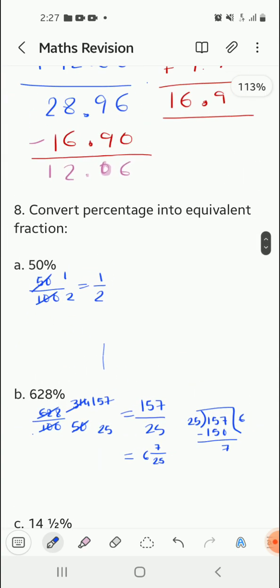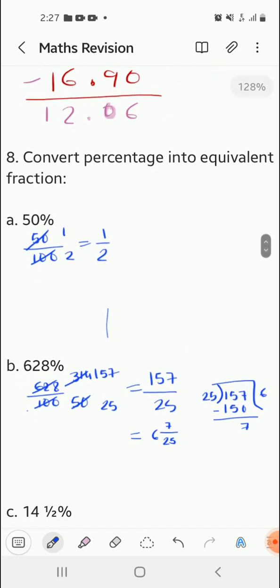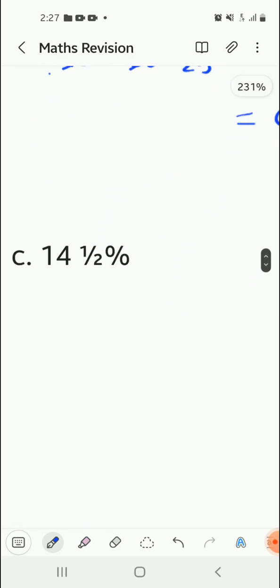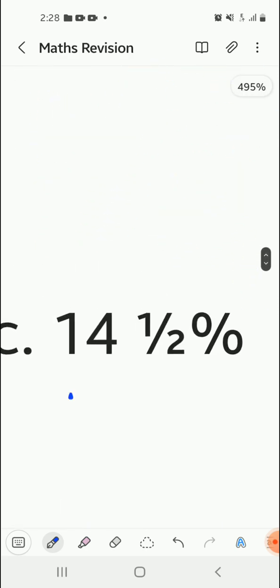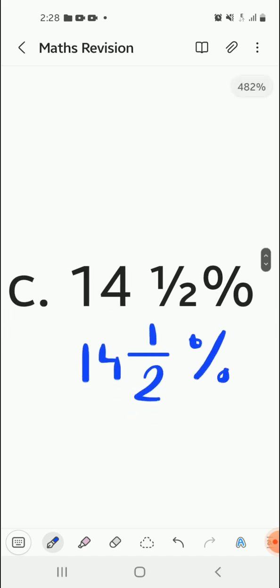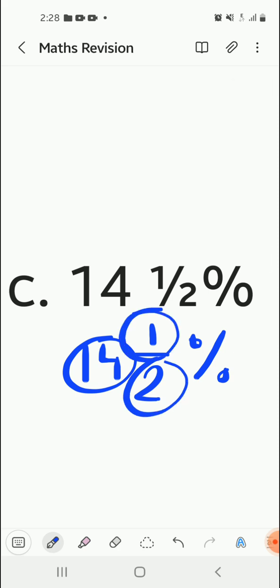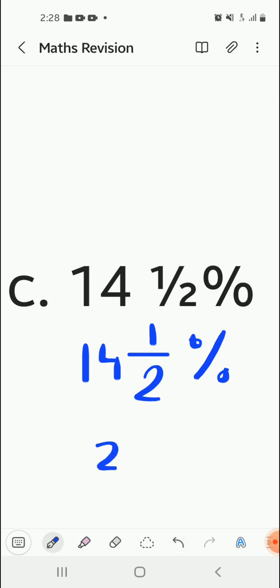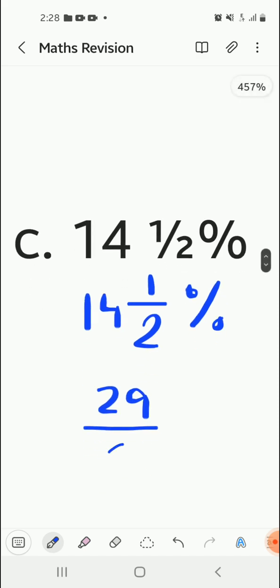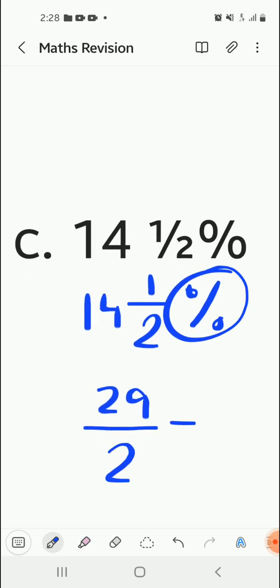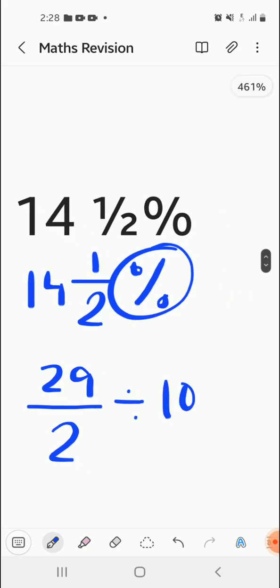Moving on to the next question, we have got 14.5%. So first of all, 14 into 2, that is 28, plus 1, 29. So first let's write it down, 29 by 2 in simple improper fraction. Now there's a percentage sign, it means this divided by 100.